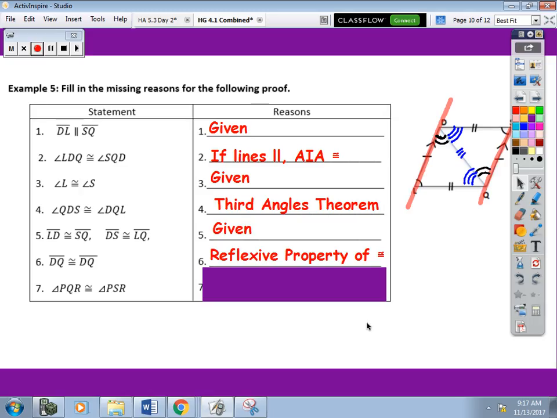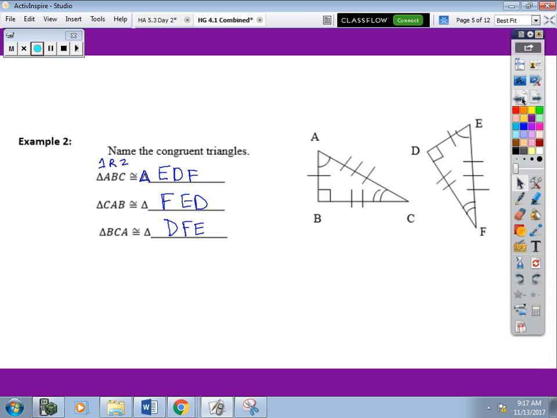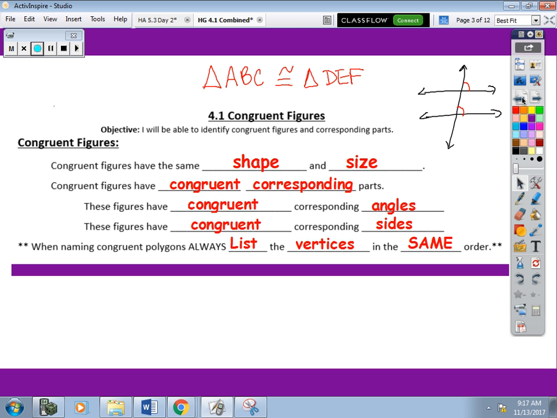Does anyone have an idea of what our last reason would be? It'll be a definition. Congruent figures have congruent corresponding parts.